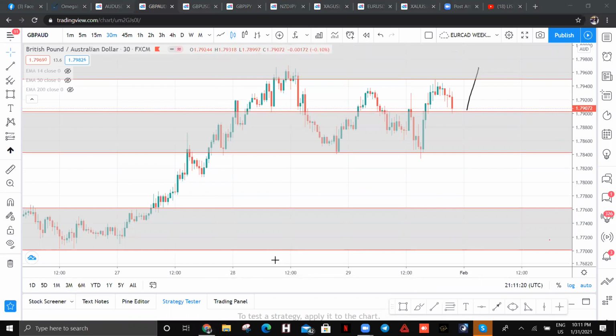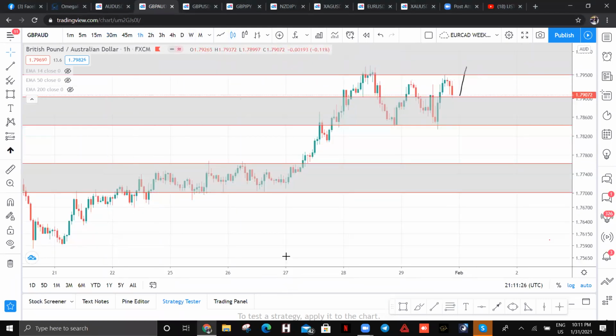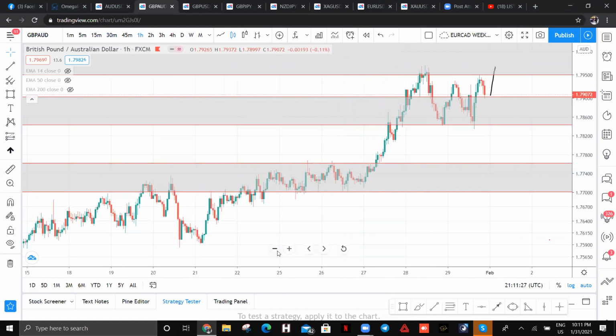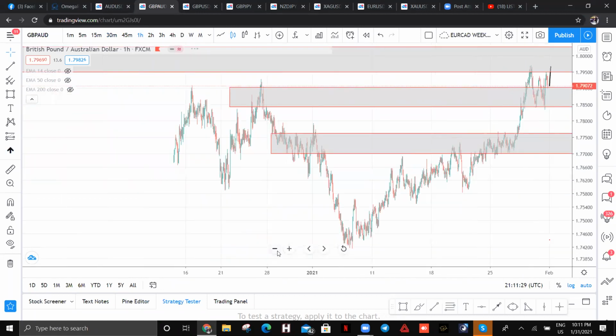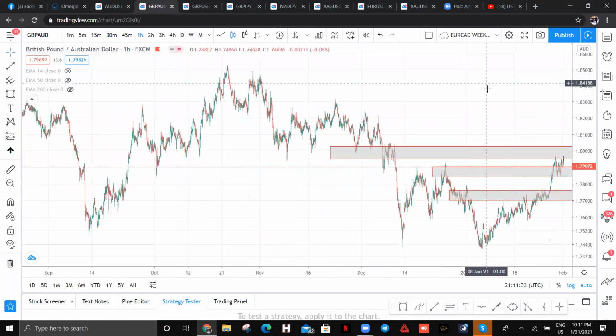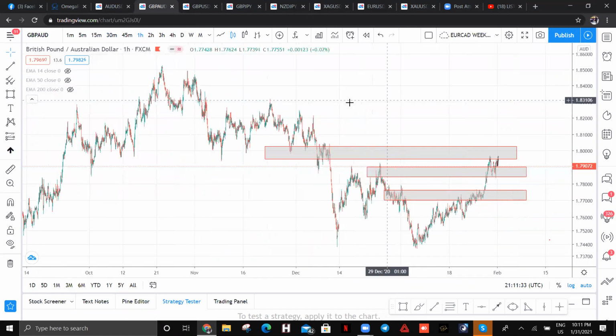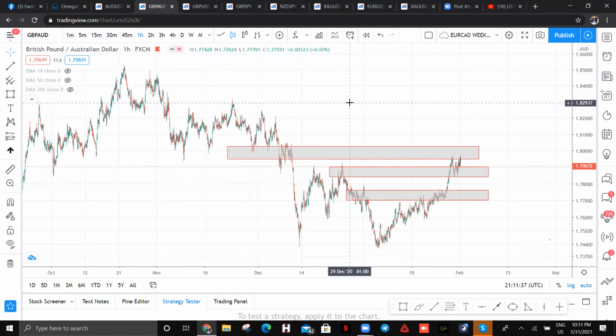Okay, good. So for GBP, I think I've deleted what I typed. Hope I didn't delete it. Oh, I clicked on delete, right? Wow. Who can remember what I wrote, 1.790, 1.7 what?